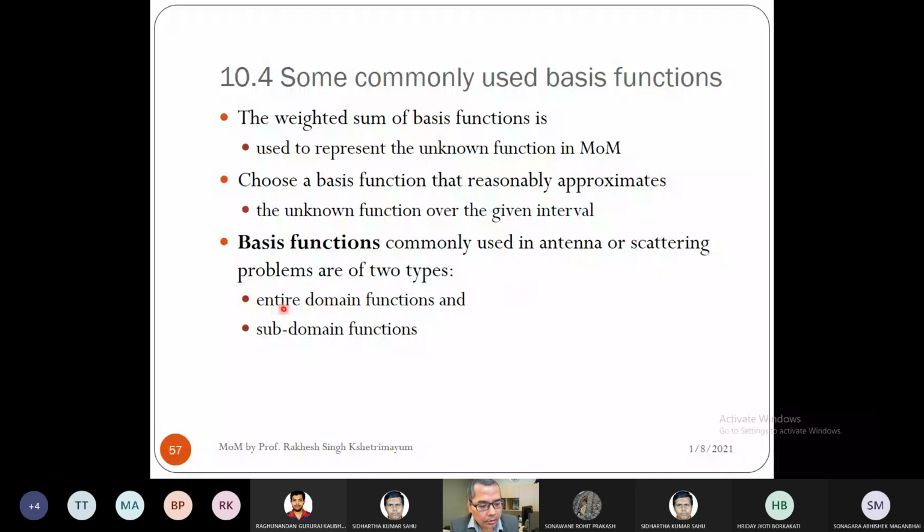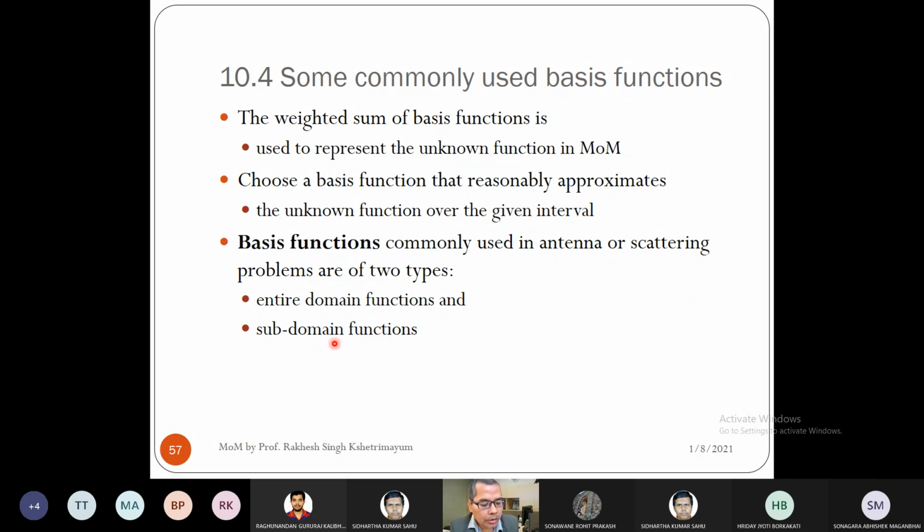In the entire domain basis function, we have one single function for the whole solution space. Let's say you consider a wire of length L. In the entire domain case, I will just consider one basis function over the whole length of the wire and try to find the solution using the MoM. But in the subdomain basis function, I will subsection the wire into small subsections, n subsections, and represent each small subsection by some basis function.